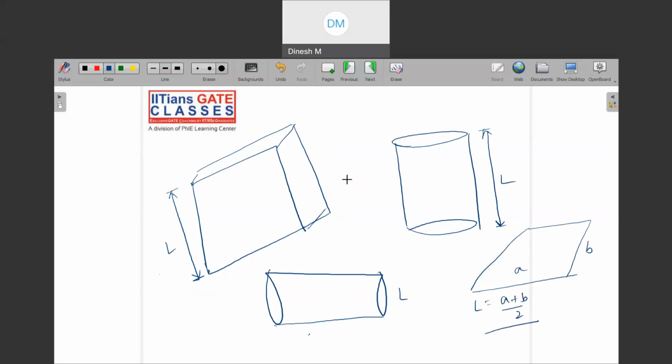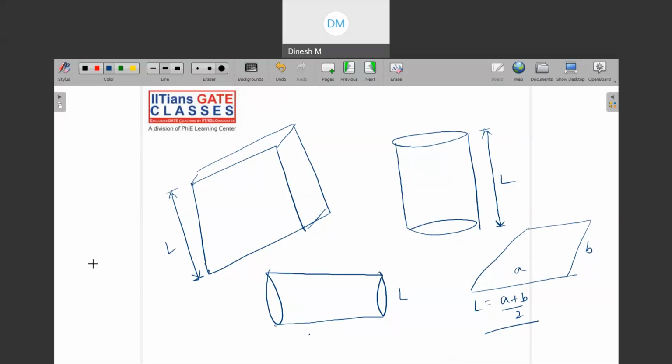So L very much depends upon how your object is oriented.